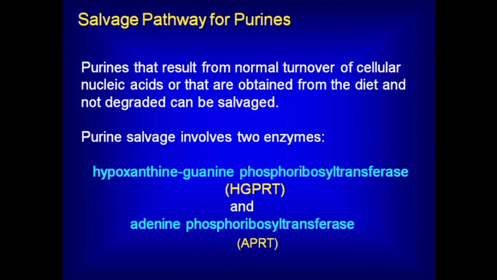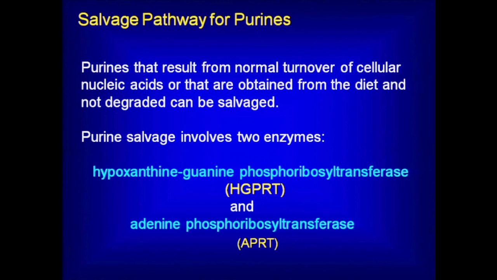Let's say you have AMP, GTP, ATP, and so on in the cell that's been used and is going to be degraded. Okay? Purines, like any other molecule, get degraded. In their degradation pathway, there are intermediates that are formed.